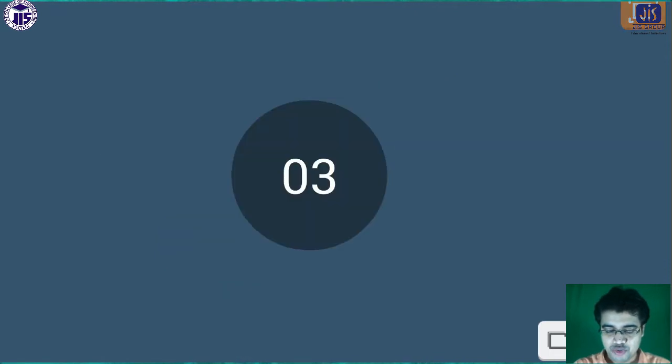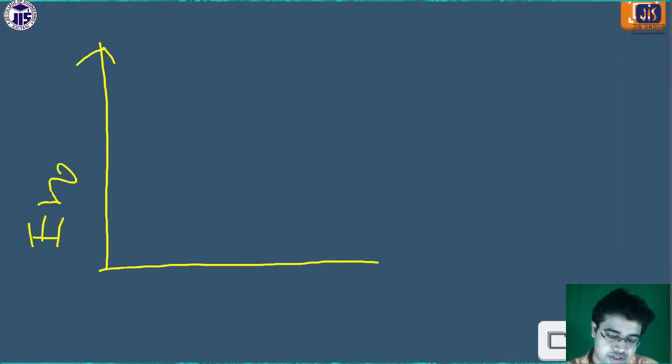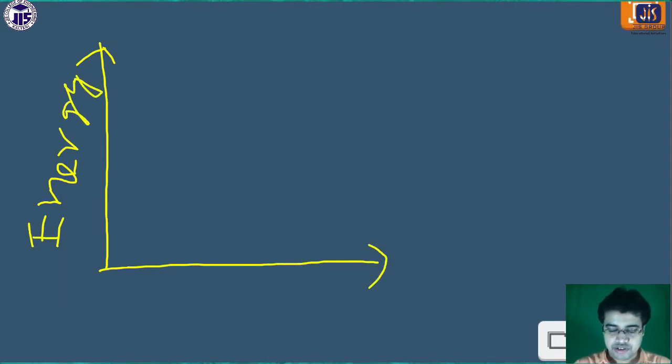First of all, to consider the exothermic and endothermic reactions, we have to draw a curve. The y-axis represents the energy, and the x-axis represents the reaction coordinate.